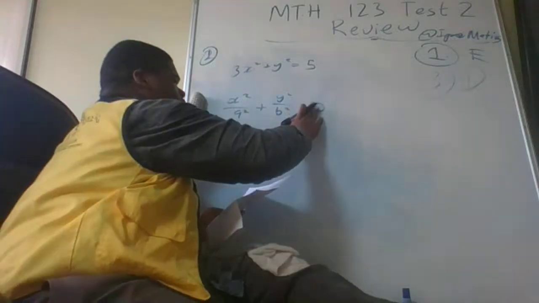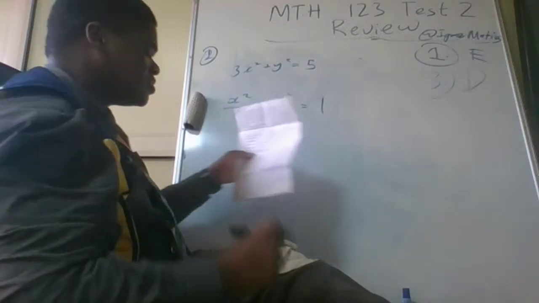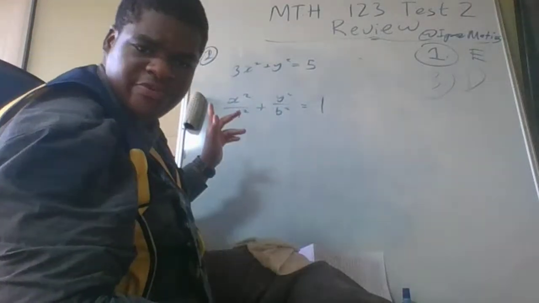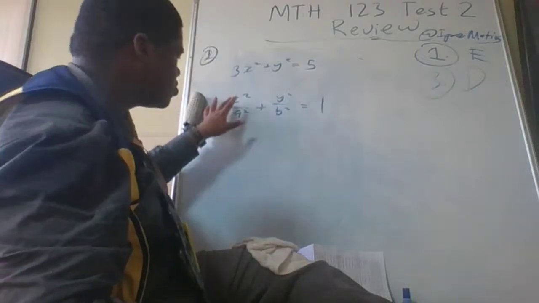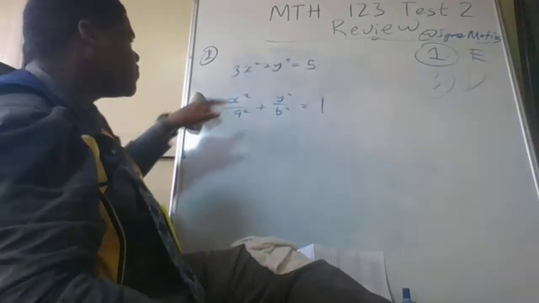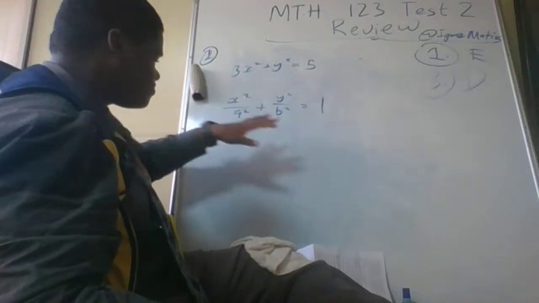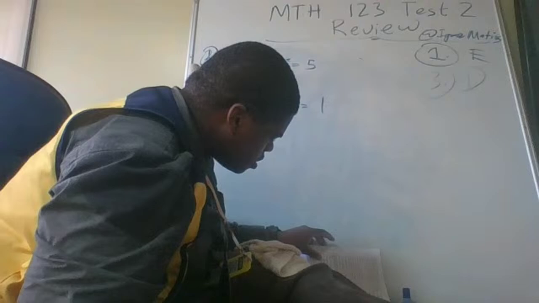But no, it's not equal to 0, it's equal to 1. I made a mistake in some previous questions I've been solving, I think questions 1, 2, and 3. It's equal to 1, not equal to 0. Okay, for ellipse, sorry, I said parabola, for ellipse.